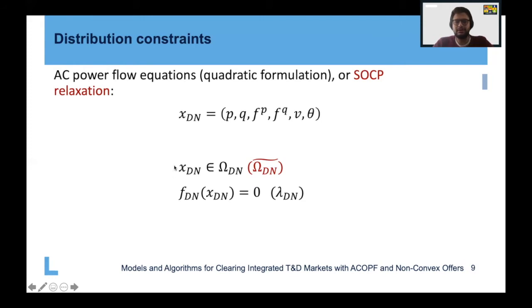Either operational limits like line limits, etc. And we will have a real and reactive power balance denoted F_GN, X_GN, associated with a price lambda_GN. And when we use the SOCP relaxation, we will denote the set omega as tilde omega_GN.